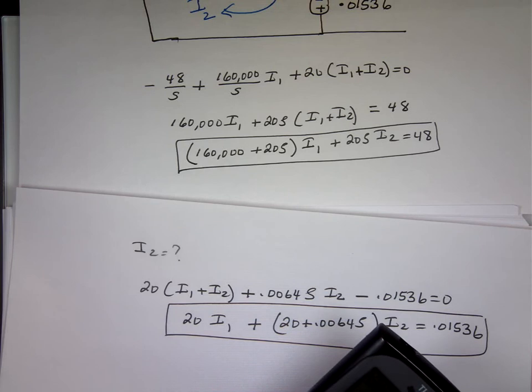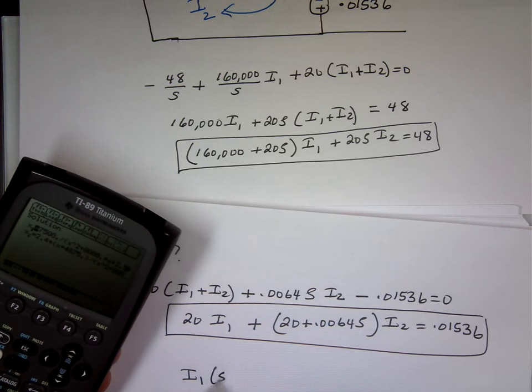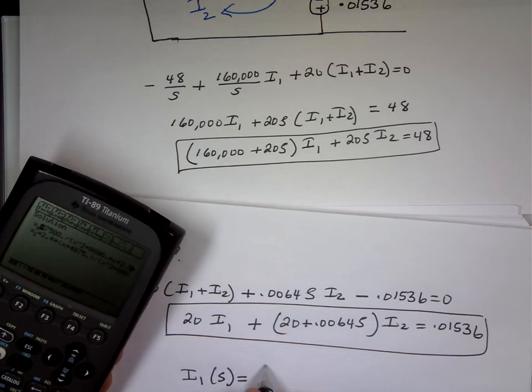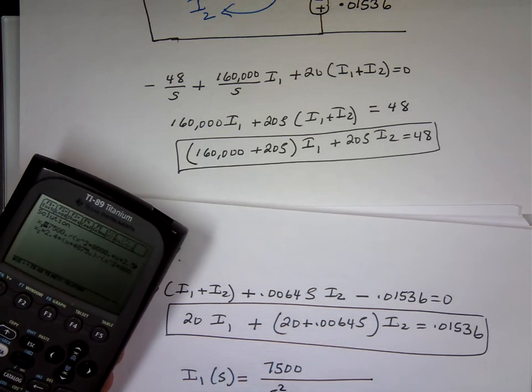Busy. Here we go. I sub 1 as a function of s equals 7,500 over s squared plus 2s plus the 5.